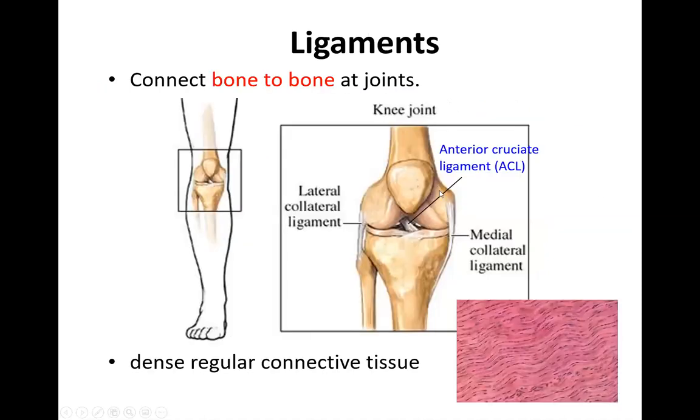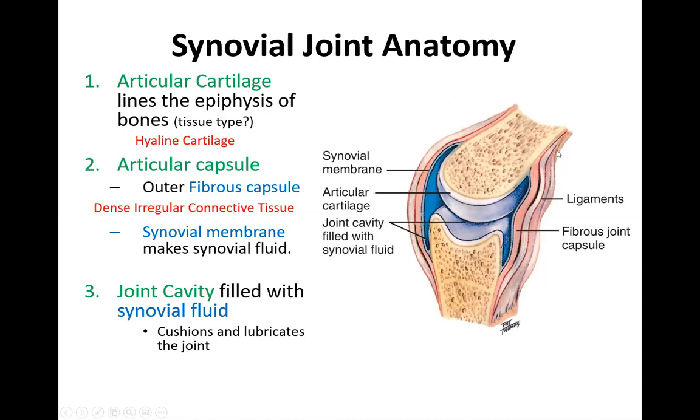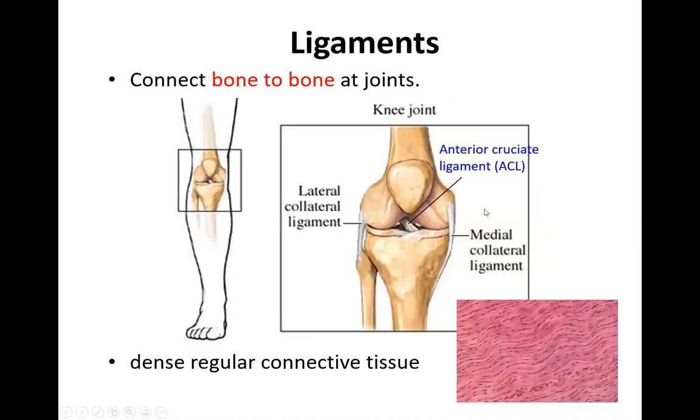We also have ligaments. If you look carefully at this picture, the darker pink is the fibrous capsule, the blue line would be the synovial membrane, but on this purple structure on the outside, that's actually a ligament. A ligament is made up of dense regular connective tissue, and those are the structures that connect bones to other bones.